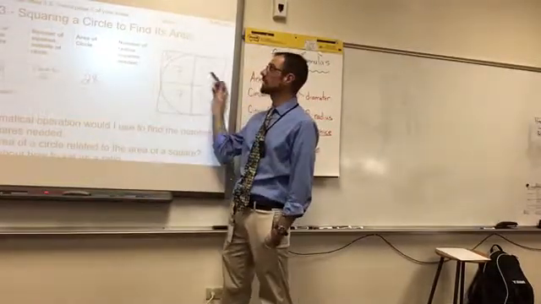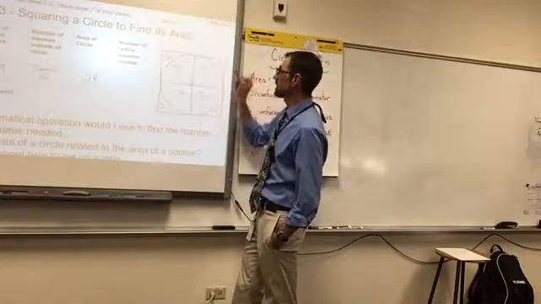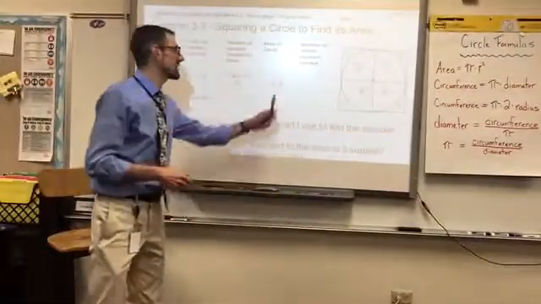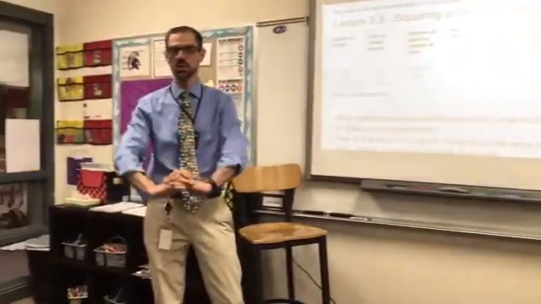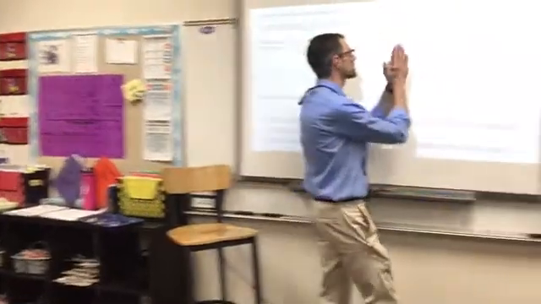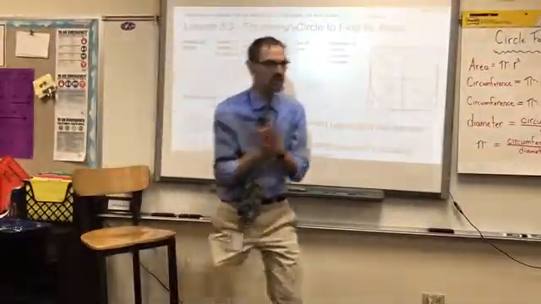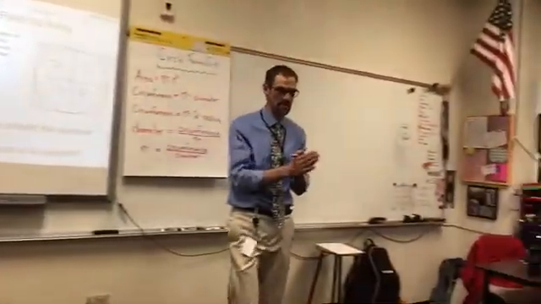But out of that, there are sections that are outside of the circle. So the area in the circle is 28 squares. If you have 28 squares, how many radius squares would cover the circle? Talk to your partner. How many radius squares?